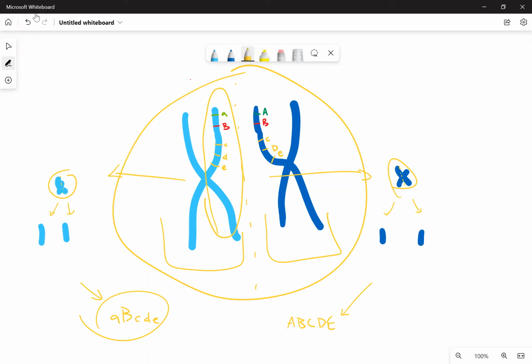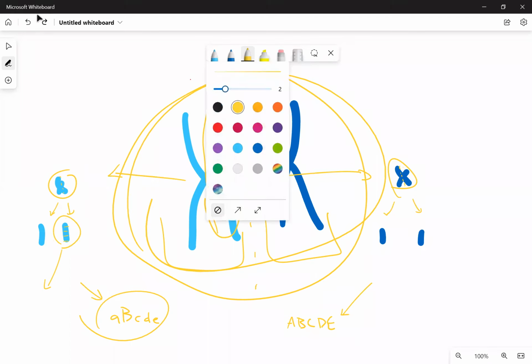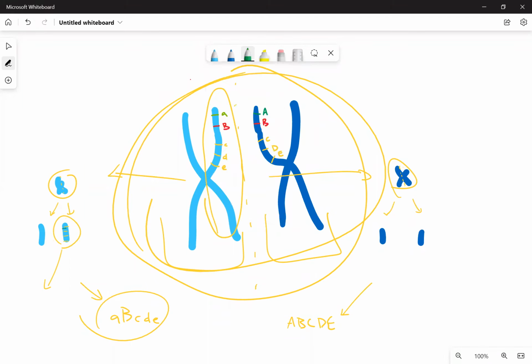And so what we were looking at, this chromosome is right here with our A, B, C, D, E. And this will get passed on to the child of this cell. This is the gamete that will get passed on. And so if crossing over didn't happen, we'd have this A, capital B, C, D, E. But if crossing over did happen, then we would instead have this, like this instead, because we switched these two.